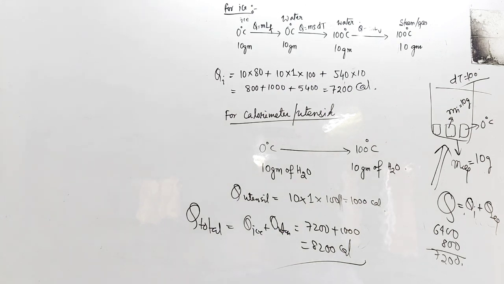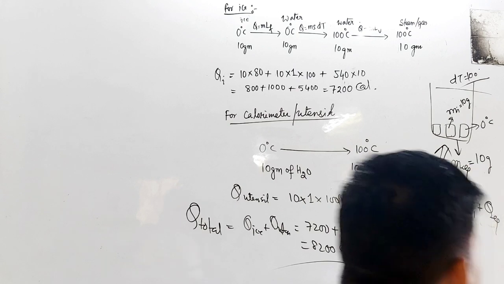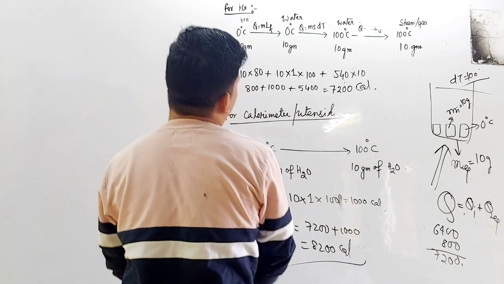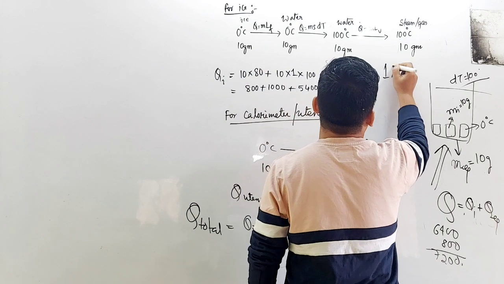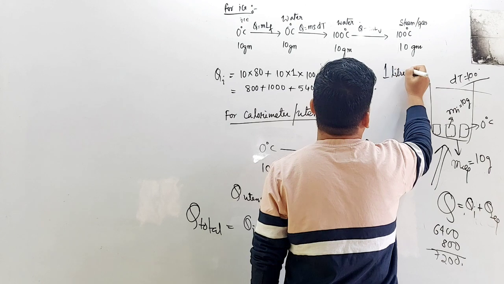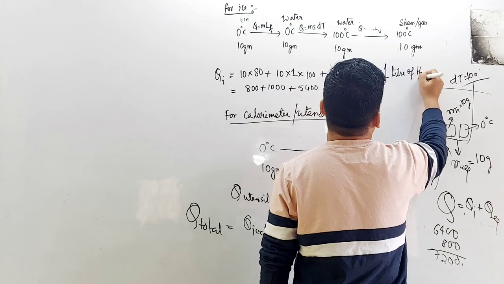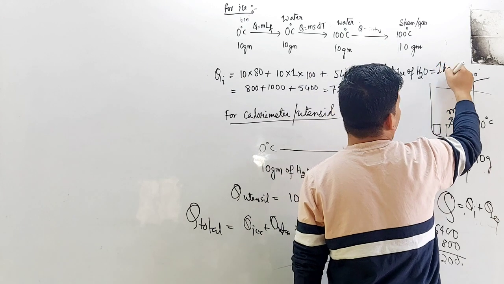Let's discuss it in a very simple way, question number 18. 1 liter of water will be exactly equal to 1 kg of water.